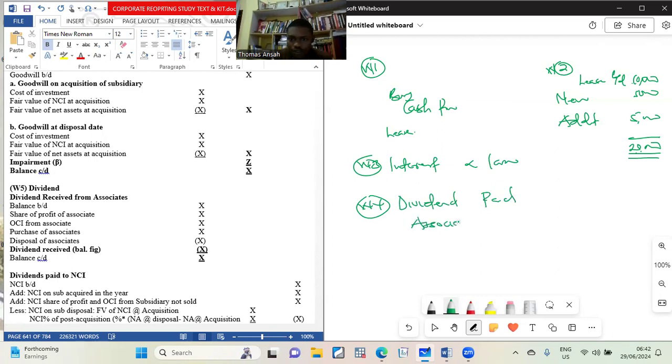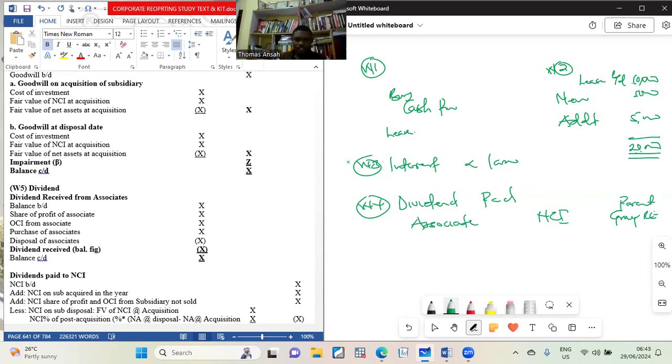So for associate, you will be receiving the dividend. Then we have the NCI. That one you will be paying because you bought the company. The part that you didn't buy, you have to pay out to the NCI portion. Then dividend also from your group retained earnings. All right. So the parent. So these 3 things will form your workings 4.